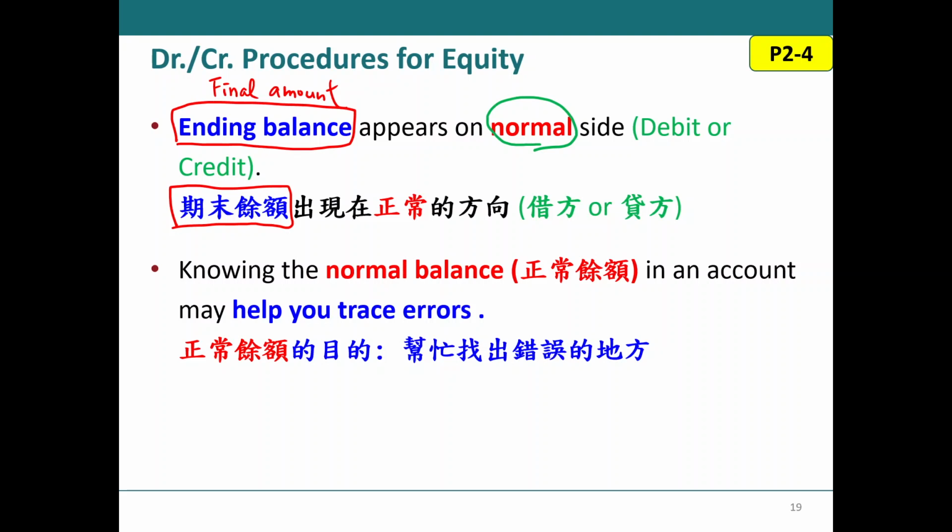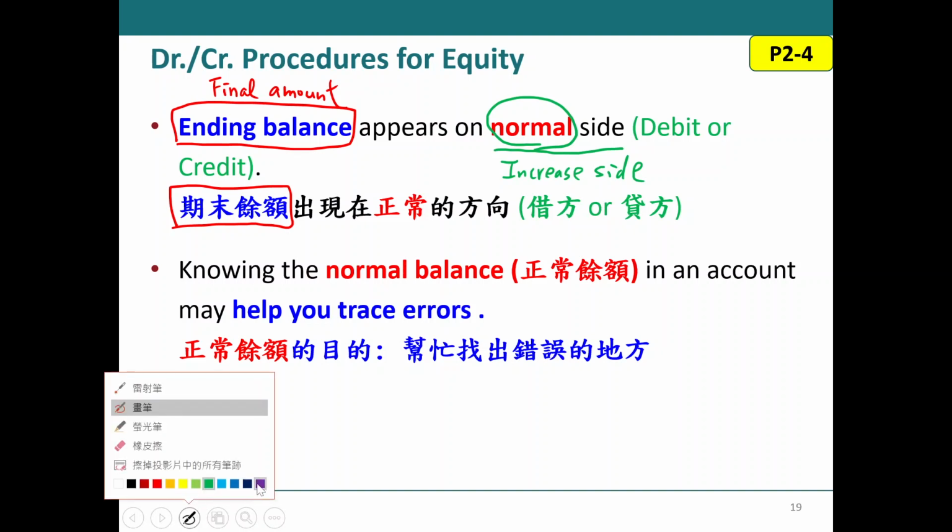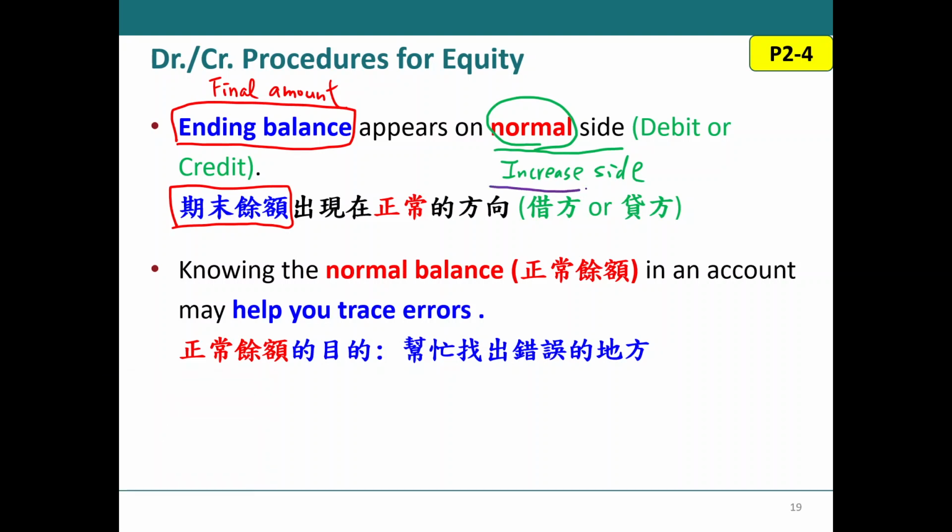So what does it mean? Increase side. So normal side means increase side. When the balance's final number appears on the increase side, then we will note this as a normal situation. Makes sense?